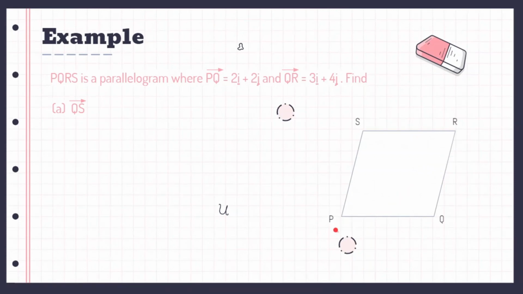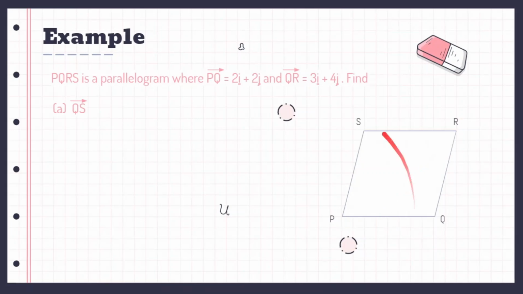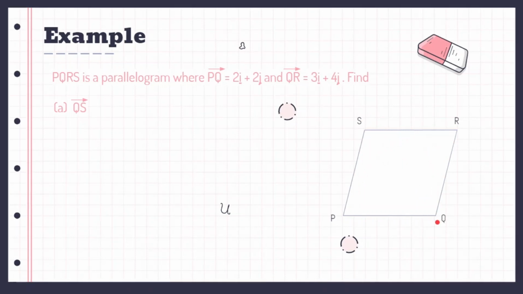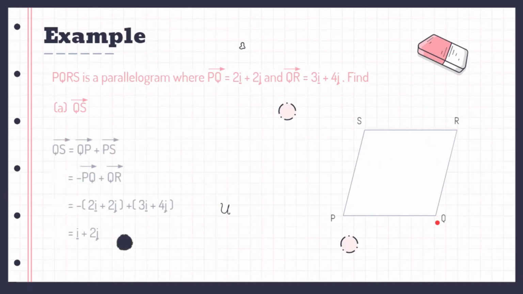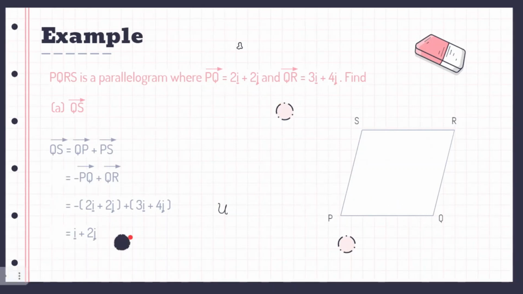So in this case, PQ is the same as SR and PS is the same as QR. To find QS, which is one of the diagonals, we can apply the triangle law here. We can use either QR plus RS or QP plus PS. Then we just substitute the vectors given in the question and we get QS equals i plus 2j.